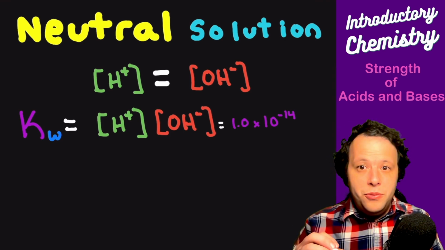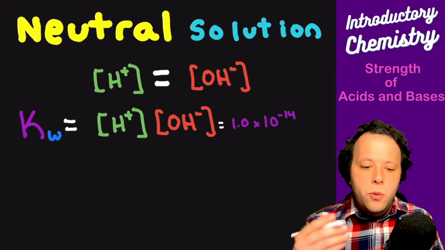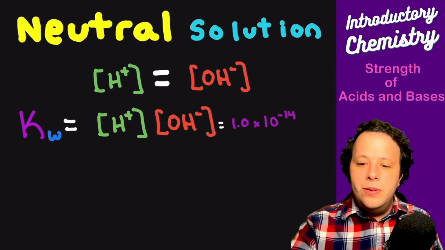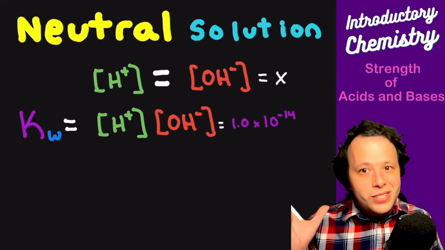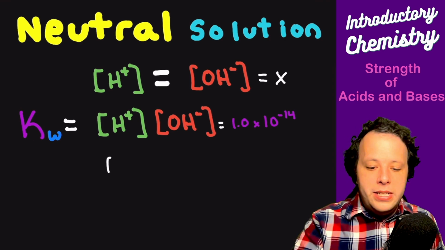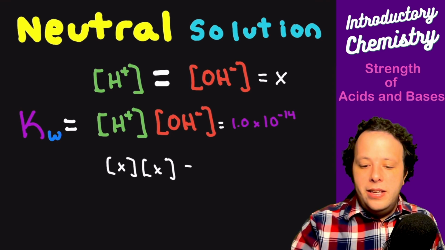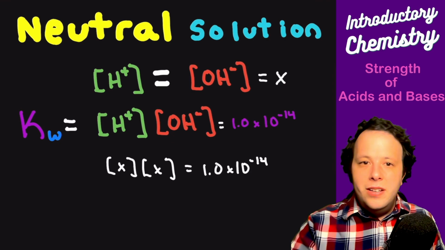If they're equal, let's do some simple math to think about that. Let's just use a variable to describe it. Say I have H plus and OH minus, and let's say they're both equal to X, since we're used to algebra. So we have X times X equal to 1.0 times 10 to the negative 14. What's the first thing you can do?